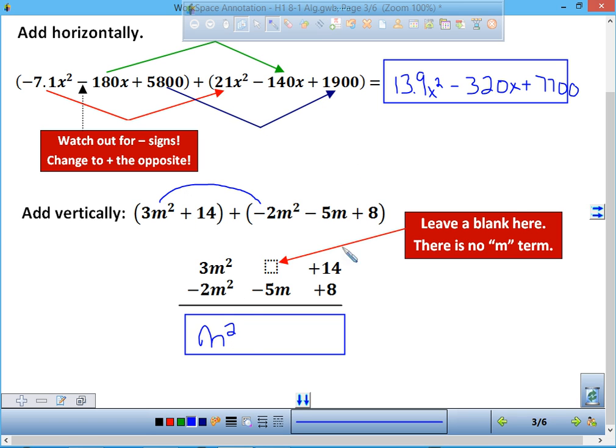There's no m term to combine; the only m I have is negative 5m, so I'm just going to write that. Always go with highest degree to lowest degree, standard form. And then 14 and 8 is going to leave us with 22. Again, standard form, highest degree to lowest degree.